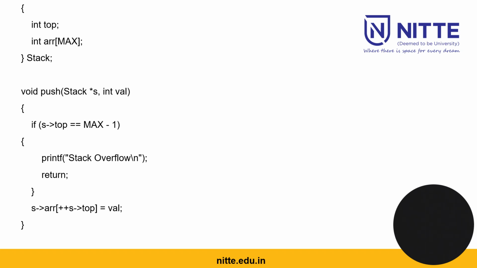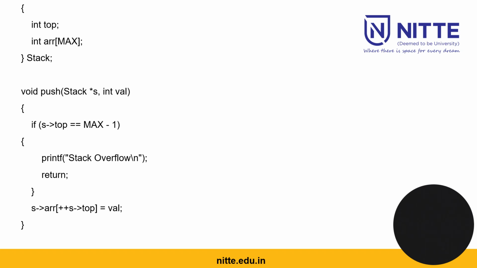So once I give this, what this push operation will do, first it will check whether the stack top is equal to maximum minus 1. That means max means what? 100. 100 minus 1 means 99.